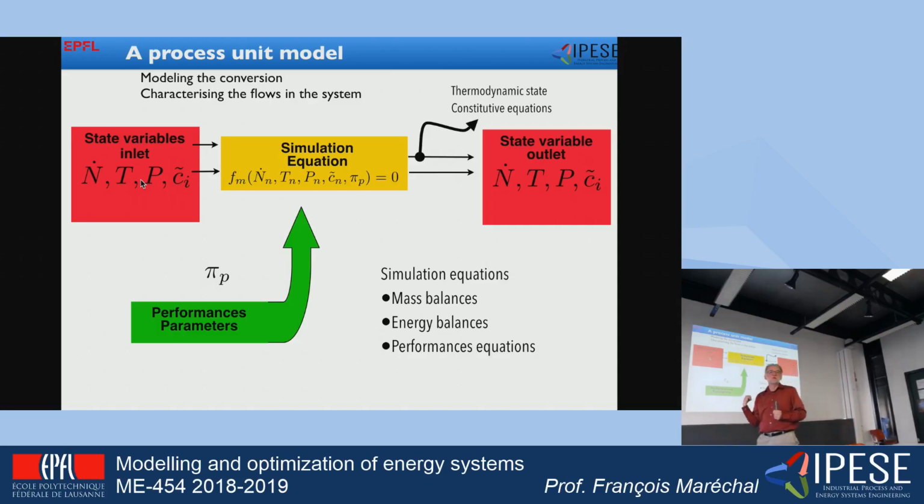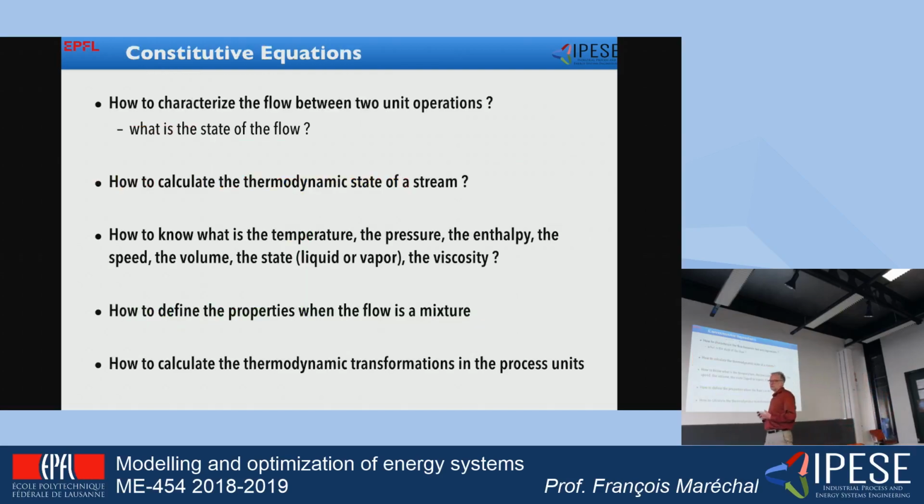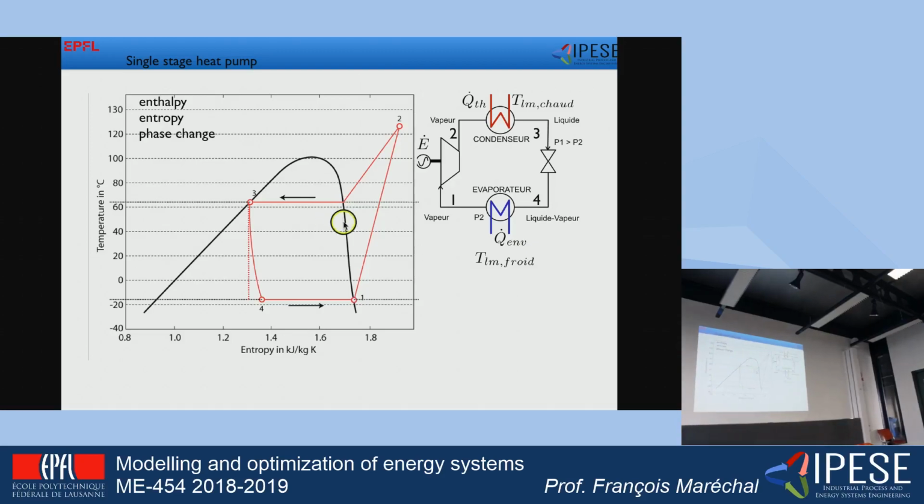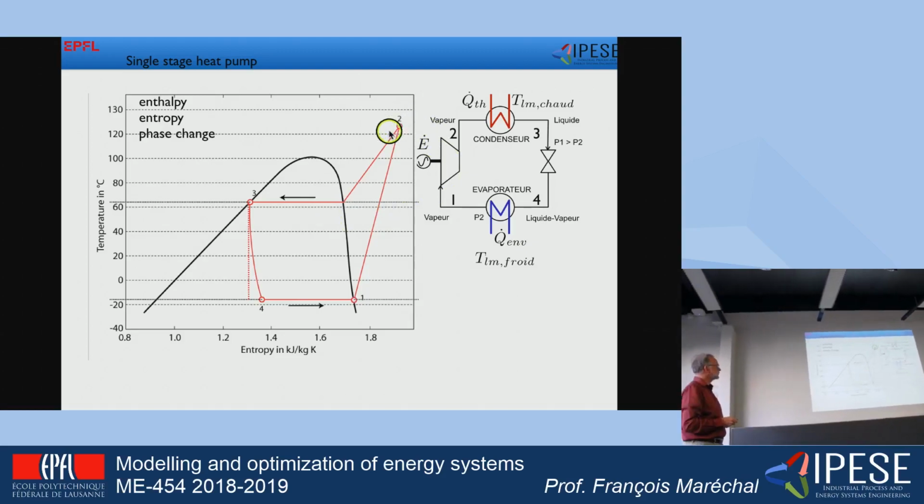My problem is that I would like to do it with a model. So it means that I cannot ask a computer to read a table or to read a graph. So I have to teach a computer to read a graph, and this is what we are going to do. If I'm taking the heat pump, I'm going to try to see how I can calculate those points here.